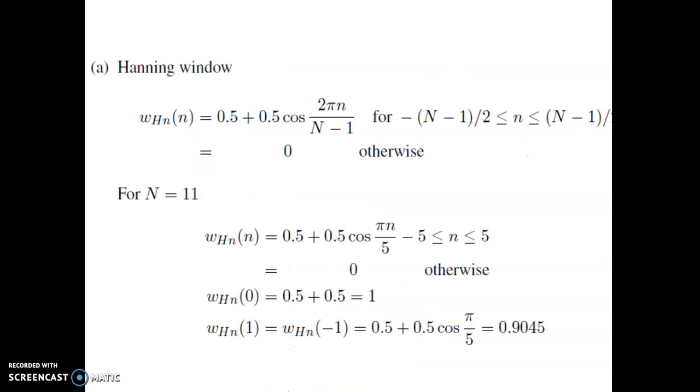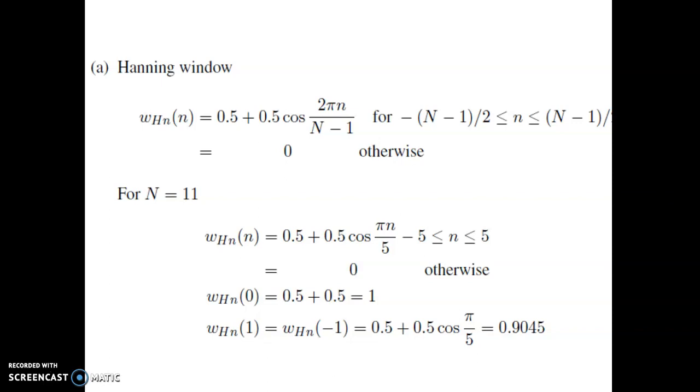Now what we need to do is take the equation for a Hanning window. So wH(n) is equal to 0.5 plus 0.5 cos(2πn/(N-1)) for -(N-1)/2 less than or equal to n less than or equal to (N-1)/2, and 0 otherwise.